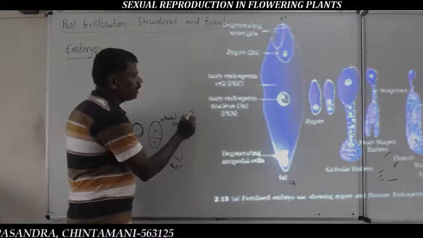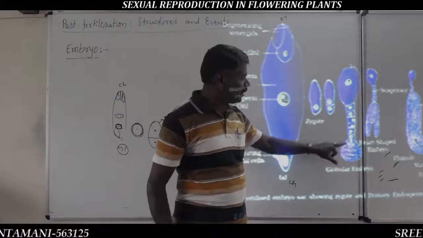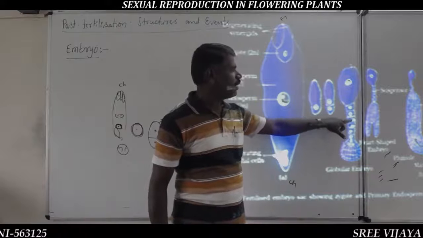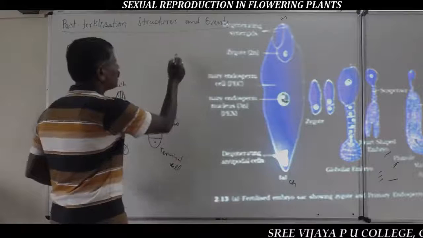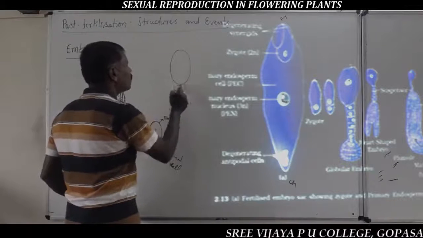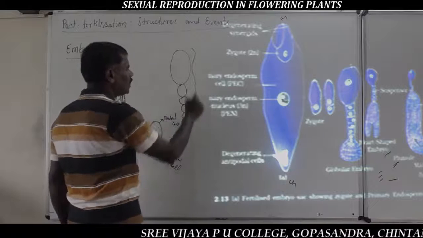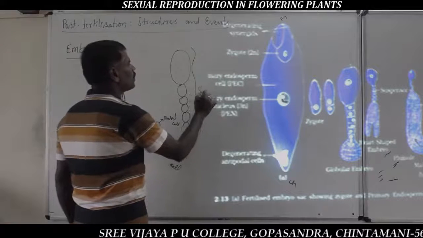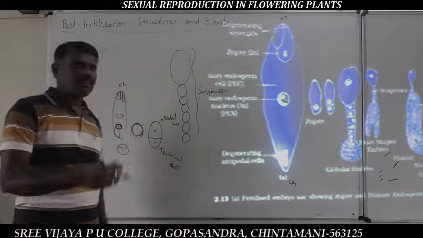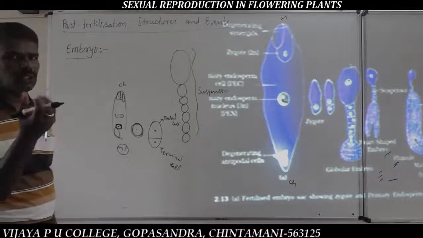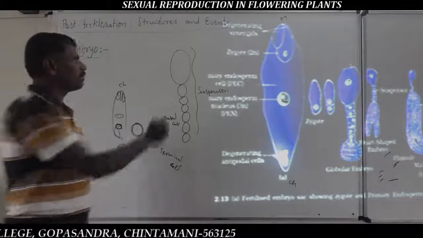The basal cell divides to form 6 to 8 cells, forming a structure called the suspensor. It forms a haustoria-like structure that helps in absorption of food in later development.